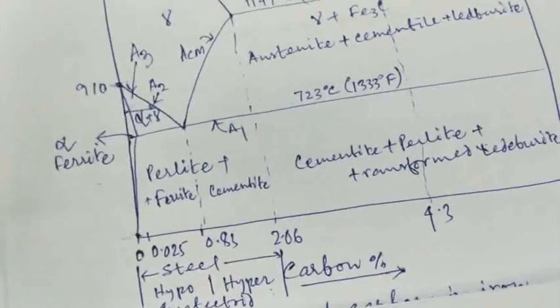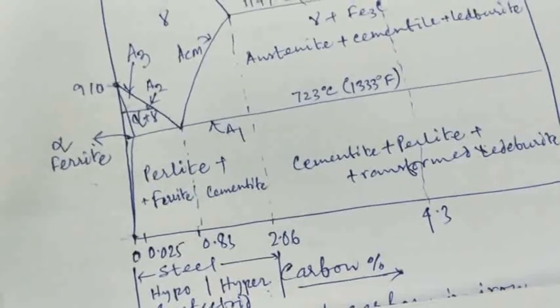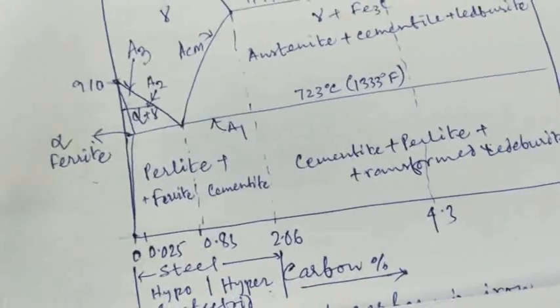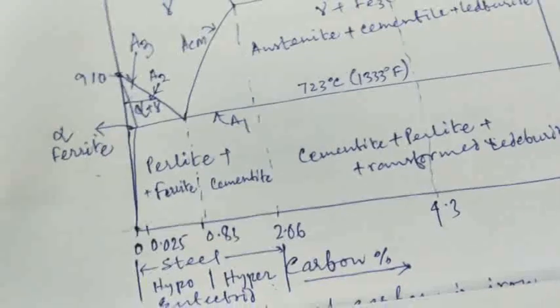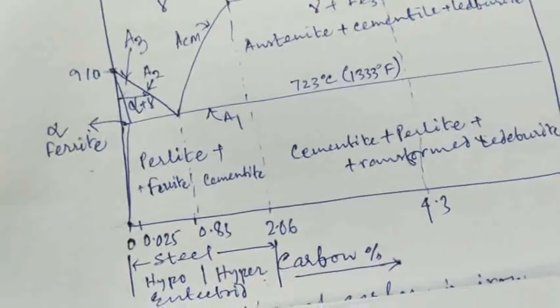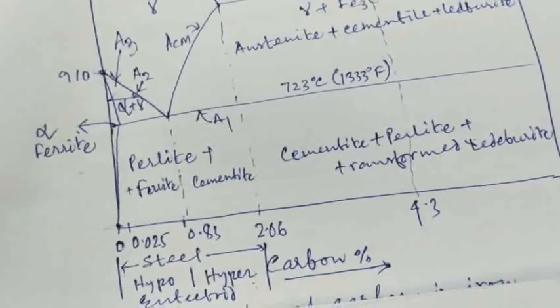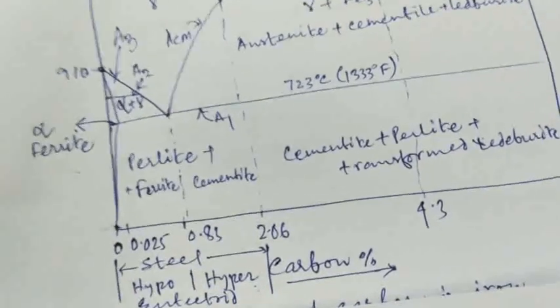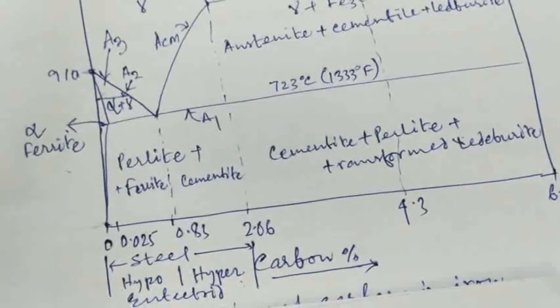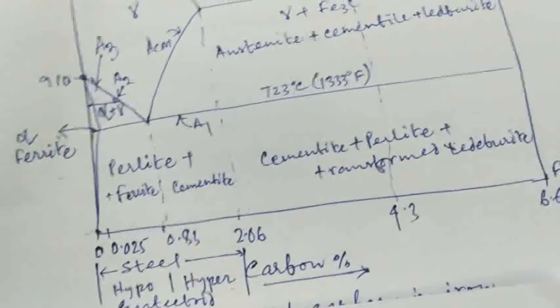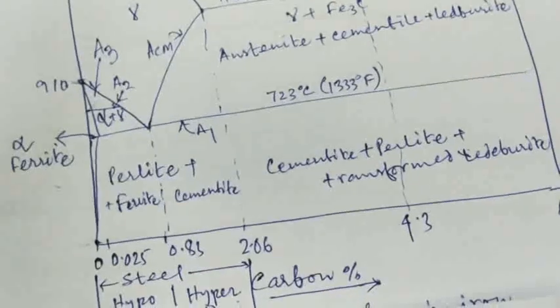Low carbon steel has low hardness. As we know, if we increase the carbon content in steel, that will increase hardness. Carbon is a brittle material, and if we increase its content, it will increase the hardness of the material.